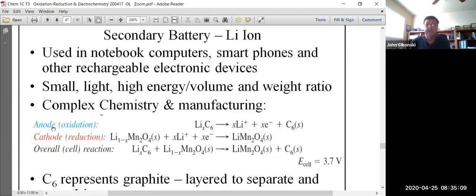Now, the anode here is a lithium mixture with carbon. This C6 is supposed to represent a graphite type carbon. If you'll remember, we mentioned in one of the other lectures taking a pencil, and when you write, that lead or graphite in there. Lead in a pencil is actually just a carbon rod.